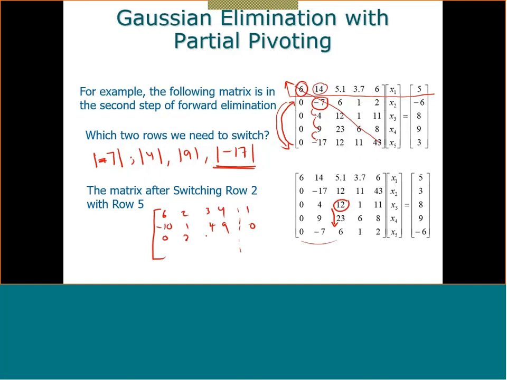If this is my matrix, I start here and look at all the elements. Obviously, the absolute value in this row is the highest, so I swap these two rows together, and then I start the process. After I finish, I move here. We always move along the diagonal elements, and then I check. Done. After I finish this, I do the substitution, I go this way, and so on.